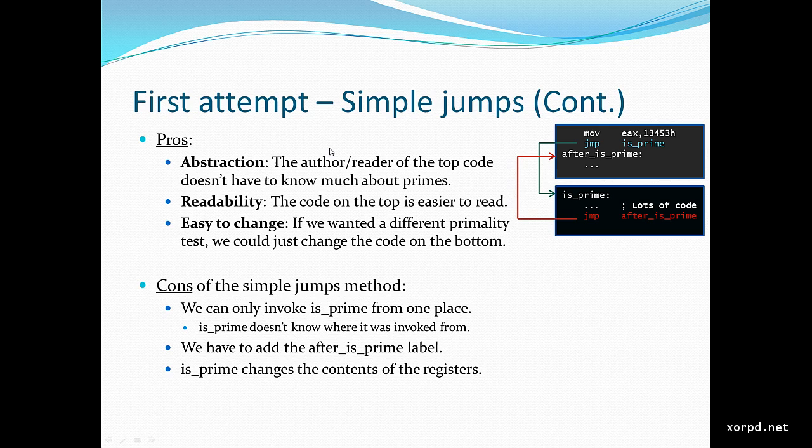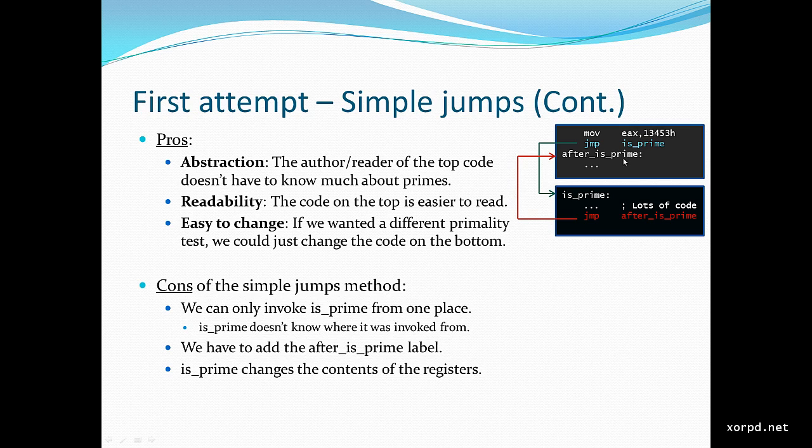Another advantage is readability. The code on the top is pretty easy to read, mostly if you don't know anything about primes. You can just see this name isPrime, and you can conclude that this is a primality test. You can conclude that we just test if this number is a prime or not.